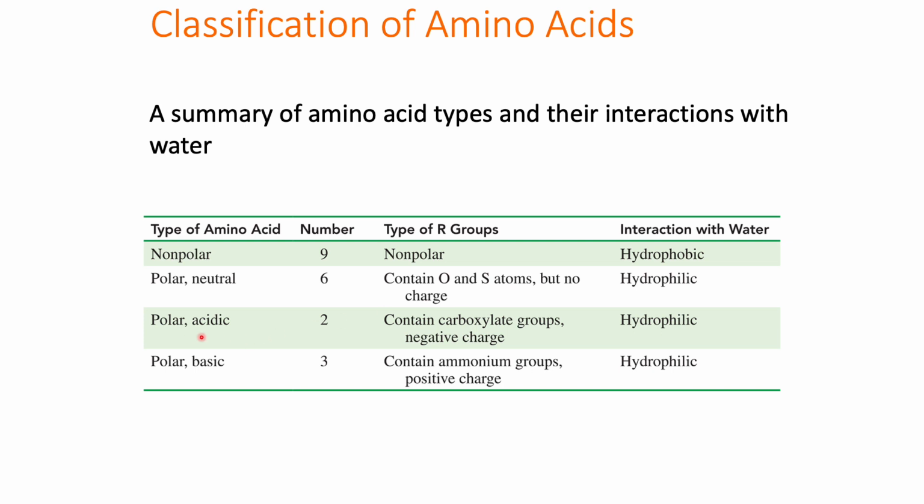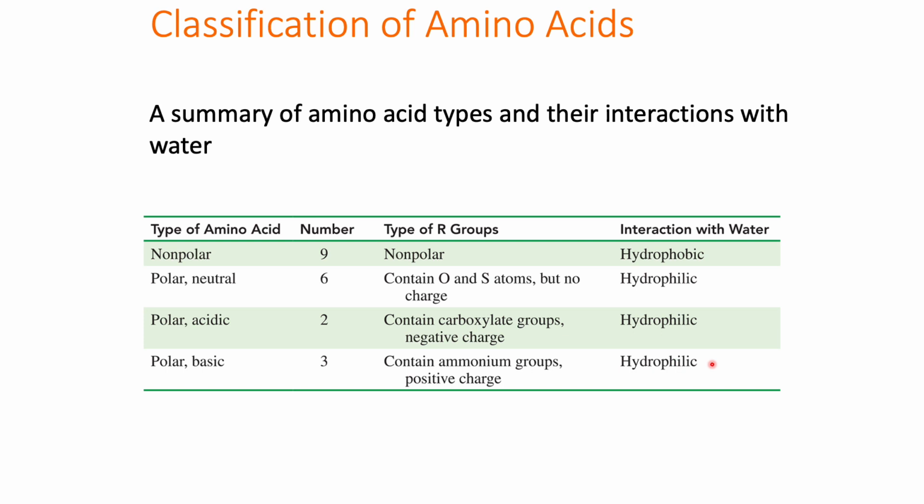And next one is the polar acidic type of amino acids. So there are 2 polar acidic amino acids. They contain carboxylate groups, that is the COO minus group, and they are negatively charged. So these are hydrophilic as well. And there are 3 polar basic amino acids. So they contain ammonium groups, that is the NH3 plus, and they are positively charged, and they are hydrophilic.